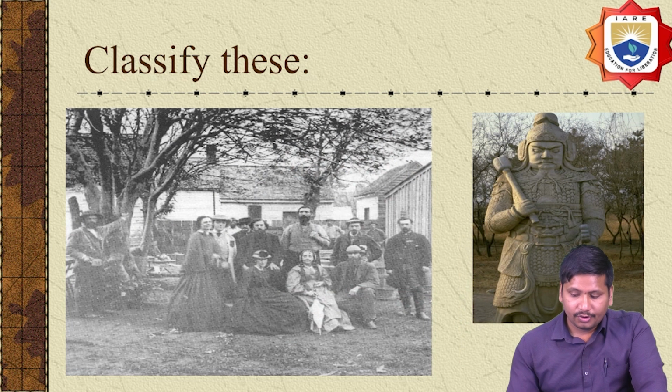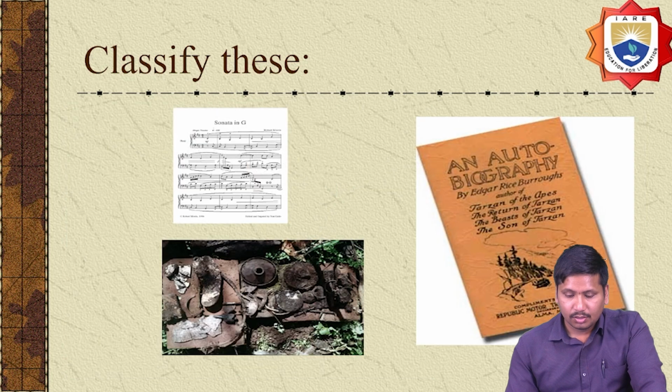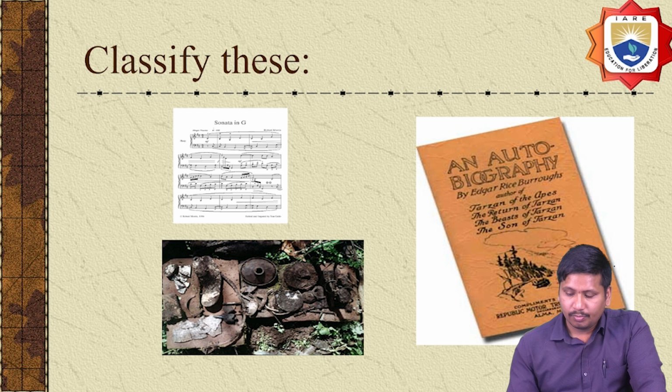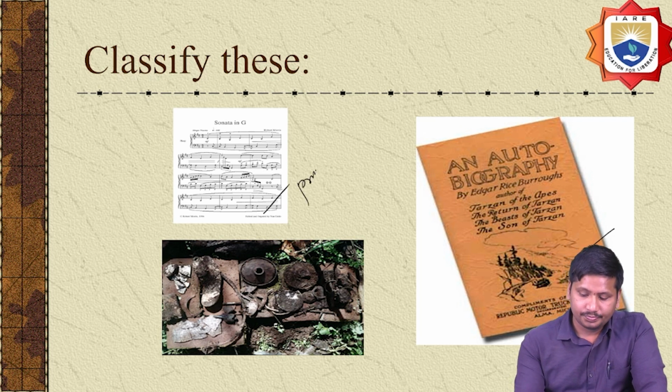And then the photography and photographs, whatever it may be, should also be an example of this primary source. And then the songs and items, whatever it may be, and then historical artifacts like tools, and then the bibliography, so there should be a magazine or textbook. So this also is an example of the primary sources.